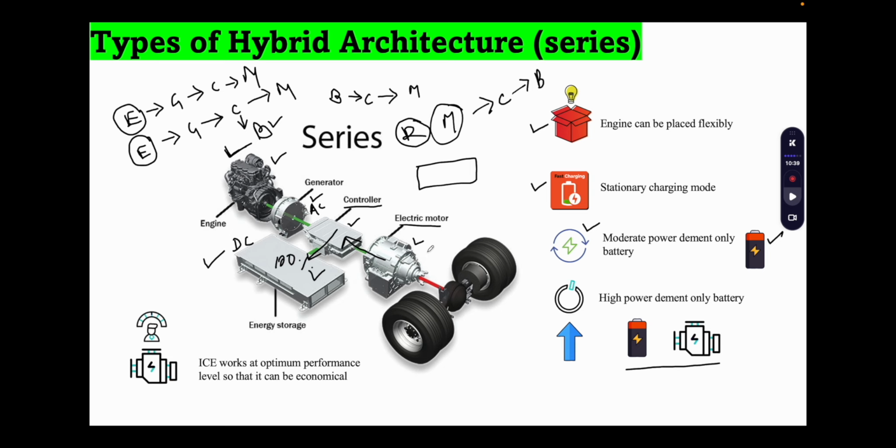There you will have switching losses as you need to convert it, right? So that is additional loss. And along with that, you are driving the electric motor, and that electric motor provides the mechanical energy. So again the energy is converted from electrical to mechanical, which helps drive the vehicle.